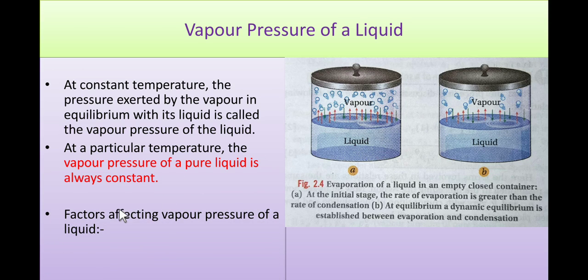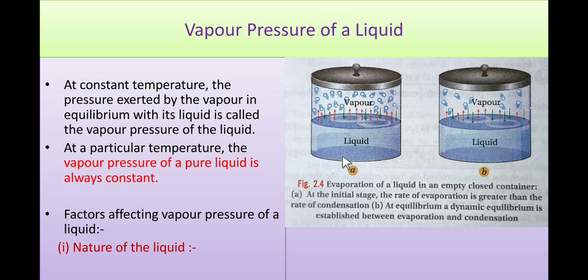So now we see factors affecting vapor pressure of a liquid. First of all, it is the nature of the liquid. At constant temperature, the vapor pressure of any liquid depends on its tendency to evaporate. The greater the tendency to evaporate, the higher is the vapor pressure of the liquid.